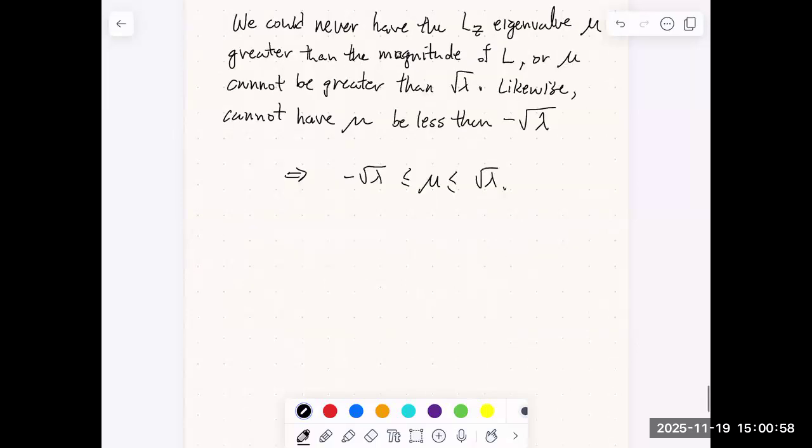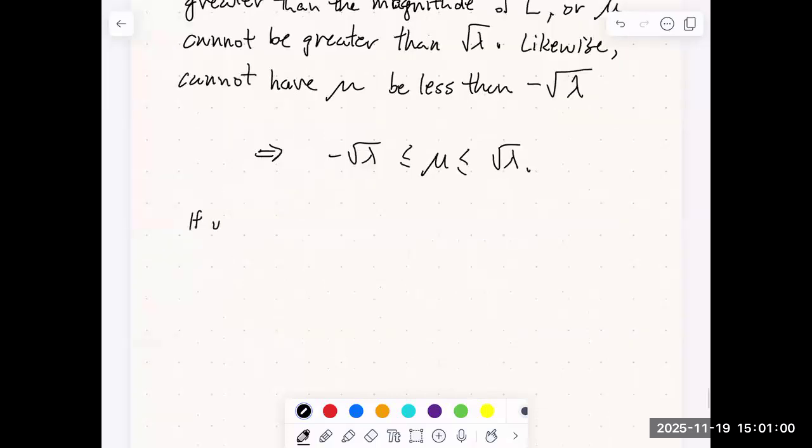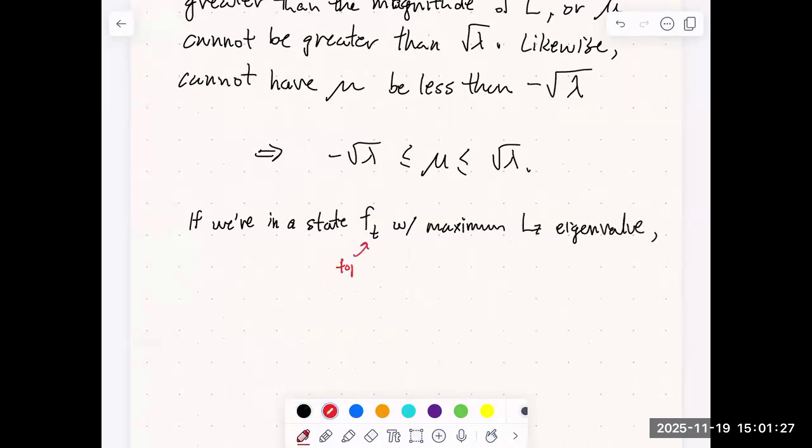So if we are in a state, let's say f top, f top is going to be like the top state of our angular momentum with maximum Lz eigenvalue. The reason they use top is because Griffiths has this picture of a ladder for the ladder operator, and this is the top of the ladder, the top rung.